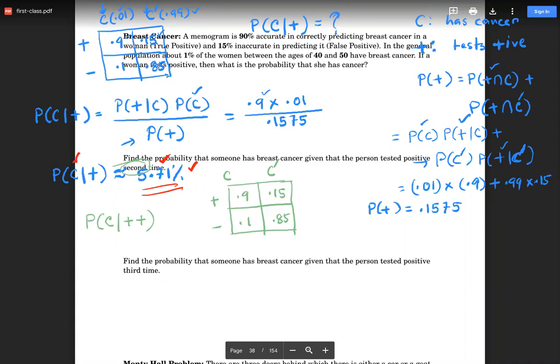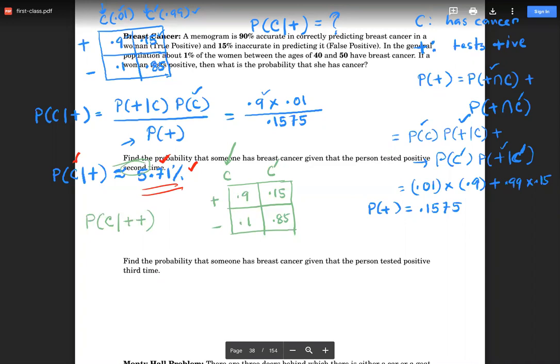So this time, if you are testing second time and getting positive, your sample is coming from people who already tested positive once. Somebody who already tested positive first time is the population, not sample. Sorry, I meant to say population. Somebody who tested positive once, that's the population you're considering.